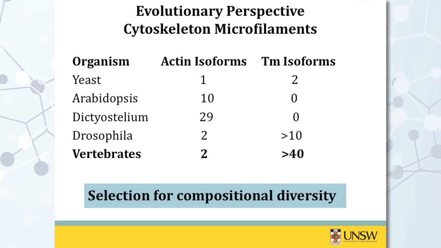What these organisms have done is they've chosen to combine the actin with the tropomyosin. And what you see, for example, in this slide is that the yeast makes two types of tropomyosin. The flies make over 10 different types of tropomyosin. And as humans, our bodies make over 40 different types.